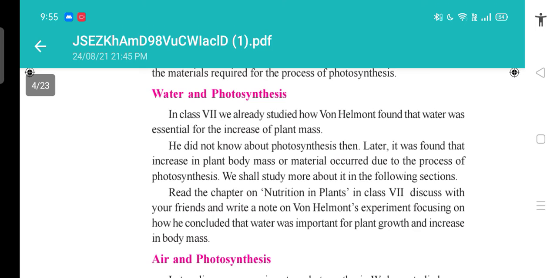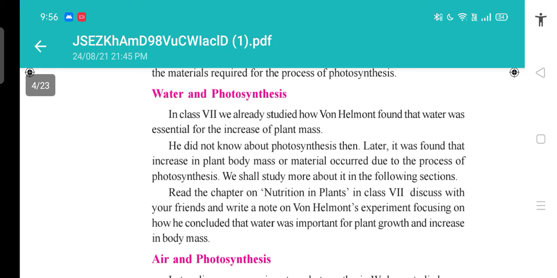I will tell you briefly about this experiment. Van Helmont first thought that the mass of the plant will increase when water is present. First he took a plant, he kept it not in sunlight and he gave only water daily. First he checked the weight of the plant without soil.